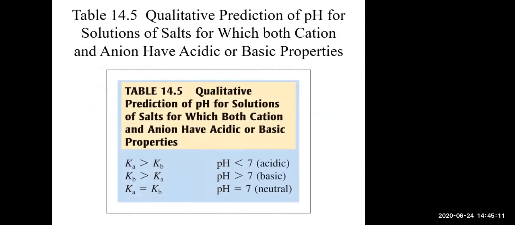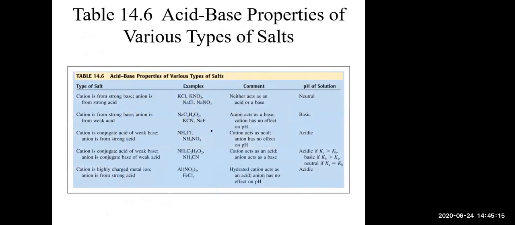And that's what this little table here shows. And that's another table from your book. You have a similar one there that shows what we talked about with the different types of salts. And again, here you can see in both of these examples, both parts of each of those salts will go through hydrolysis.